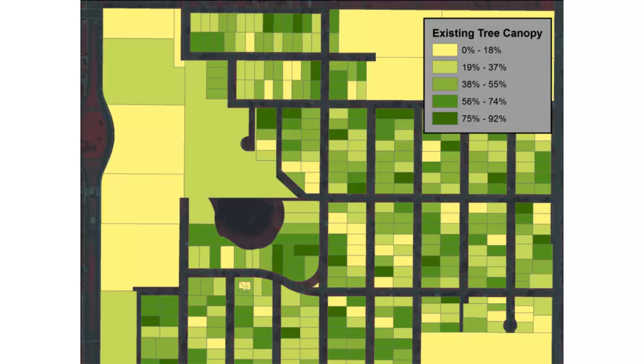We can also look at other things. So we've got that land cover, but we can just pull out the tree canopy. We've mapped the trees, and we can start to look at where the trees are in this community. You know, what parcels have a lot of trees, what parcels don't have a lot of trees.